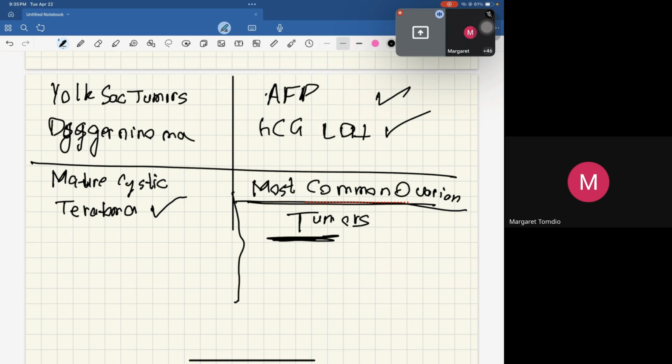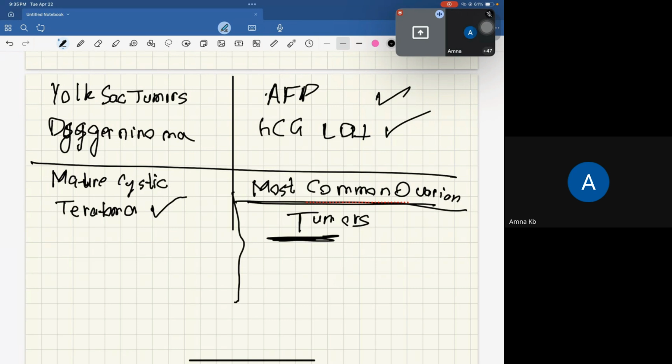One more thing is that these tumors can have thyroid cells within them. Whenever they have thyroid cells within them, that can lead to hyperthyroidism. So this condition can present with hyperthyroidism as well. That is called struma ovarii. No, Krukenberg tumor is something else.